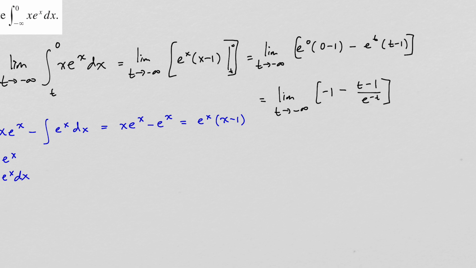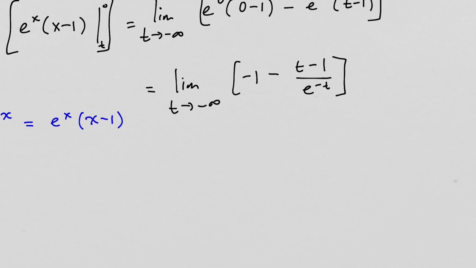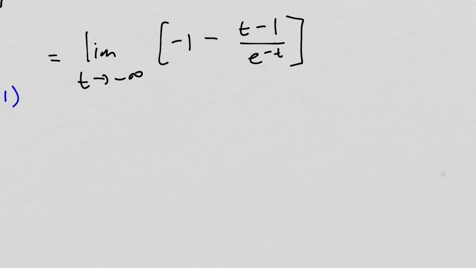Now you might be wondering why I'm doing that. Well, it's because when we take limits, we know that typically fractions are better because fractions have a greater chance of giving us a limit that we can use L'Hopital's rule on. So let's think about what happens here. As t goes to negative infinity, the numerator here goes to negative infinity. But as t goes to negative infinity in the denominator, you have e to the negative infinity, which is like e to the infinity.